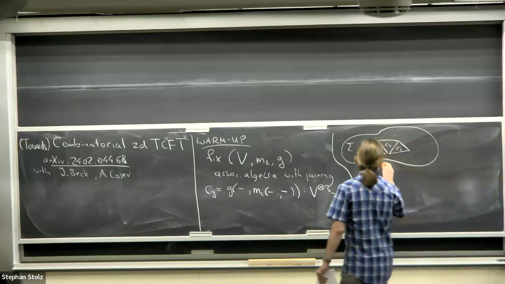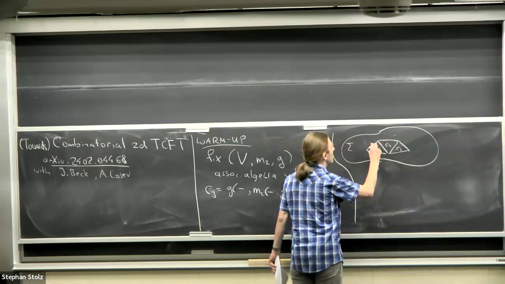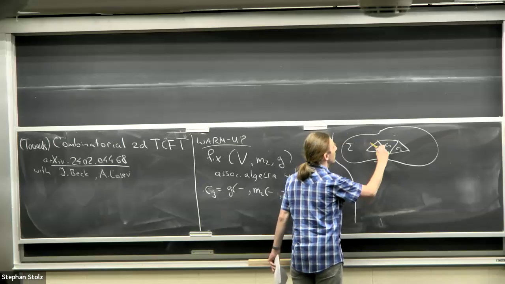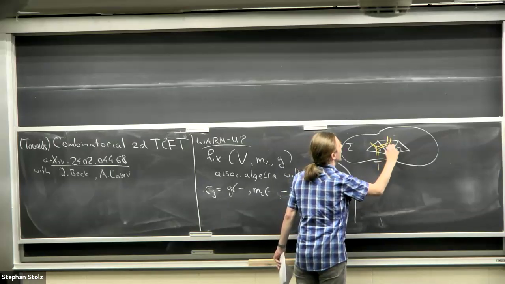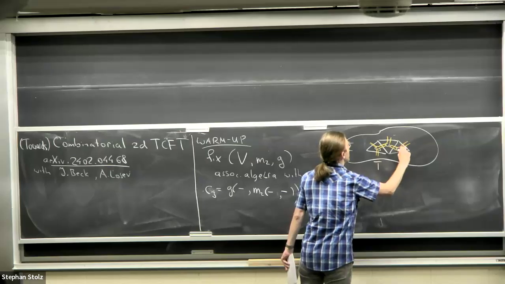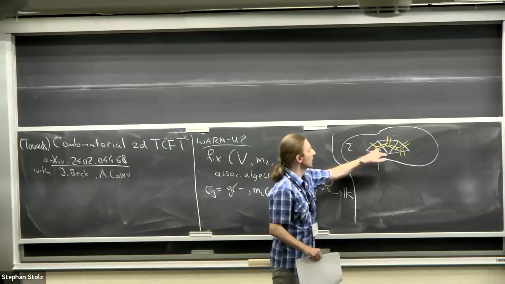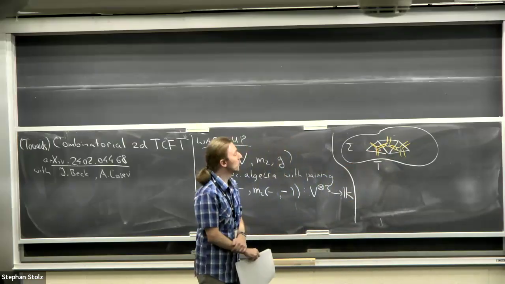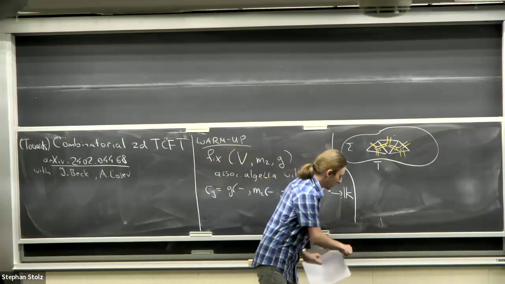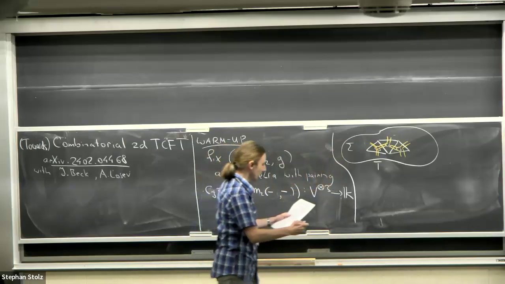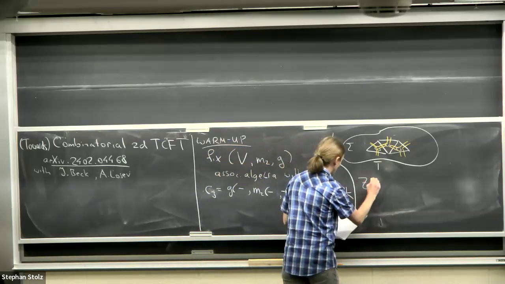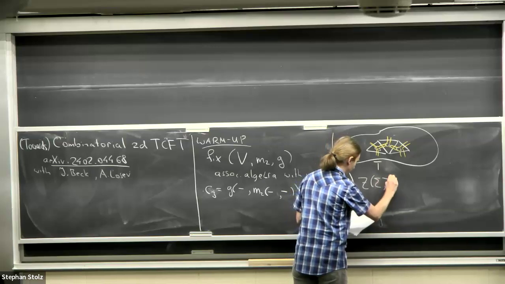Maybe another visualization of what's going on is to draw a dual ribbon graph, and then I'll be putting my structure tensor at each vertex of the ribbon graph and contracting the structure tensors along the edges of the ribbon graph. So the result will be a number. Let me call this number the transition function.